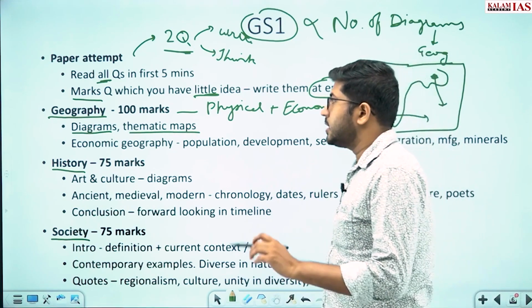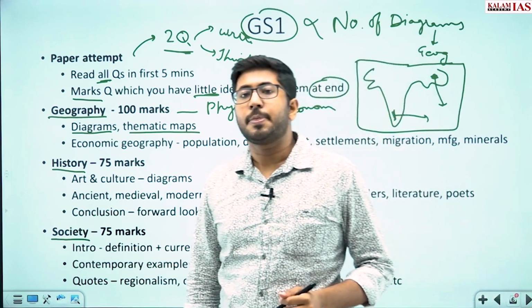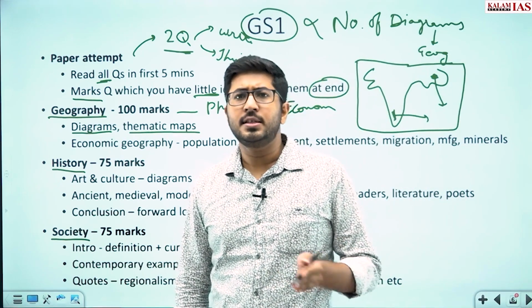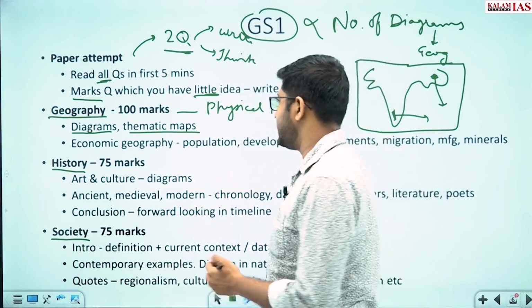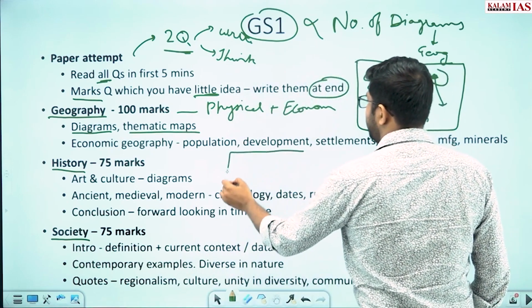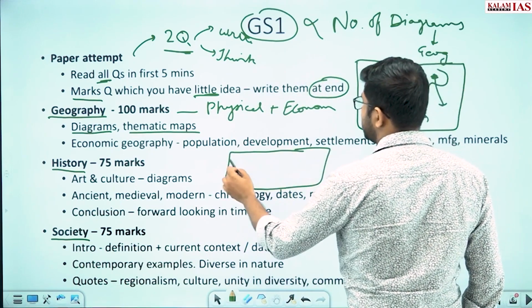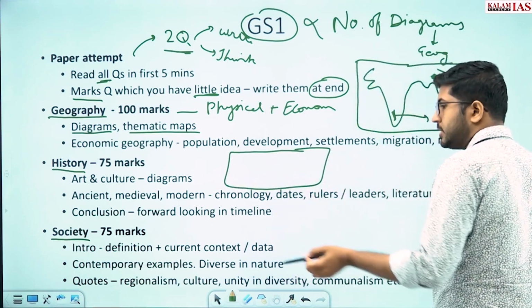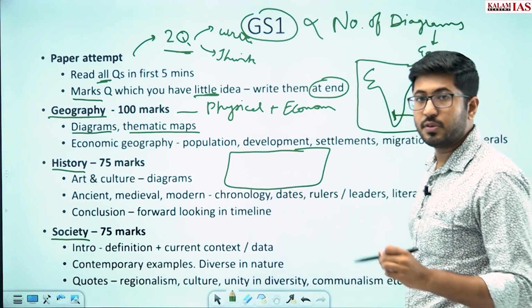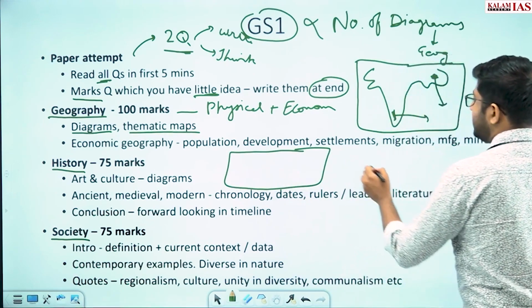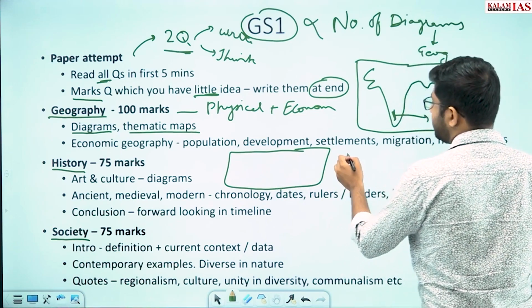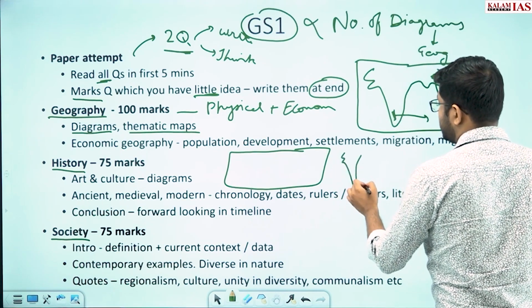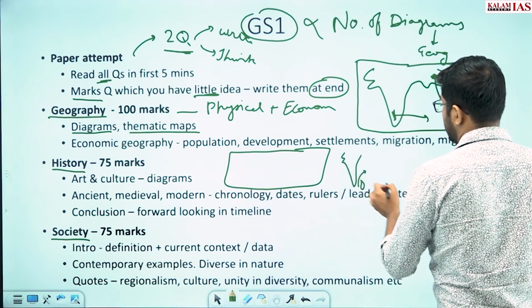Another example is, there was a question this year on the importance of straits and isthmus. Now one way was making the entire world map and marking all the straits and isthmus in a single map. Another smart way of making a thematic map is, you make sectional diagrams. Suppose you have to show Palk Strait, you draw small India, Sri Lanka, and you say Palk Strait.